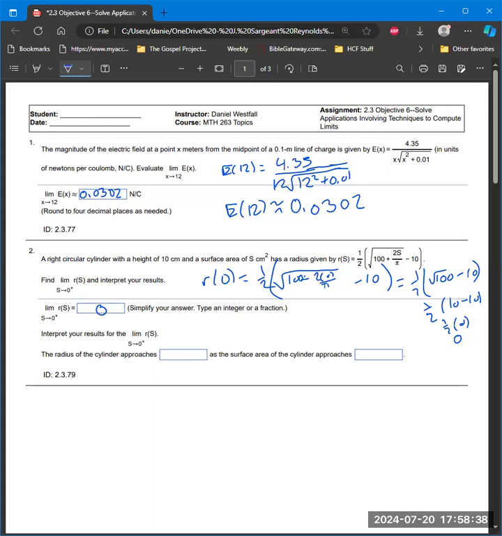So interpret your results. The radius of the cylinder approaches 0 as the surface area of the cylinder approaches 0.